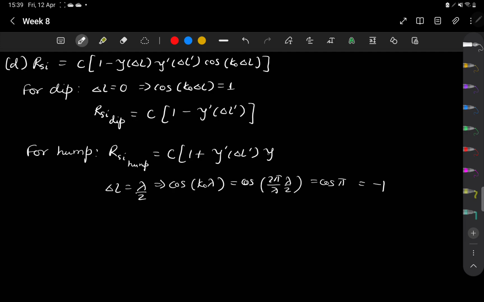Sorry, we also have this term, but this is just a constant for a fixed value of delta L.